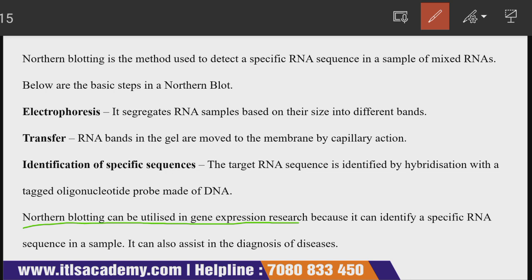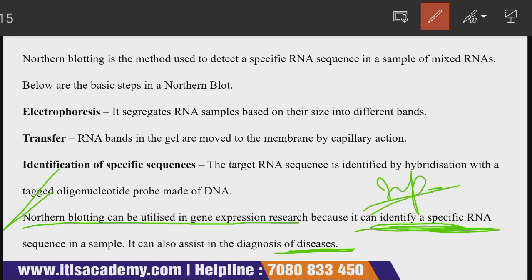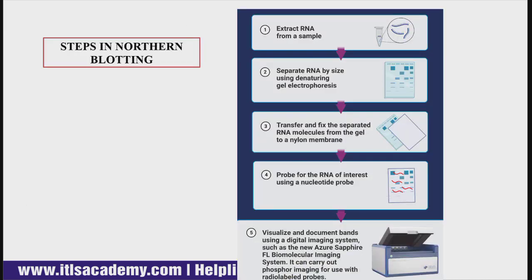Because it can identify specific RNA sequences in a sample, and it can also assist in the diagnosis of various types of diseases. So this is the reason. This is again an important question from the interview point of view, or whenever you are preparing for an examination. Now let's move to the steps.